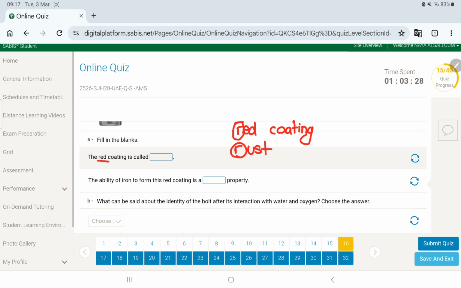So what's this red coating called? It's called rust. R for red, R for rust. Let's see. The ability of the iron to form this red coating is a chemical property. Why? Chemical, we said you observe it and then you change what it's made of.